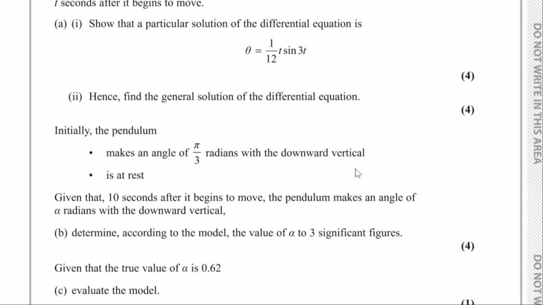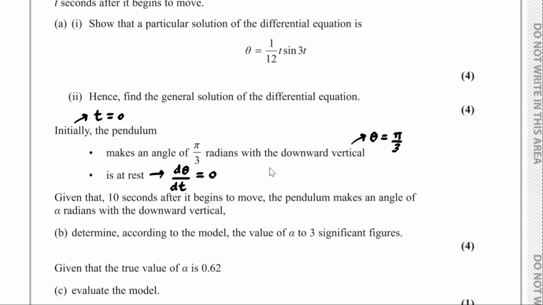Well, initially, this would imply that t equals 0, and when t equals 0, we've got theta equaling pi over 3, and because it's at rest, that would imply that d theta over dt is equal to 0.